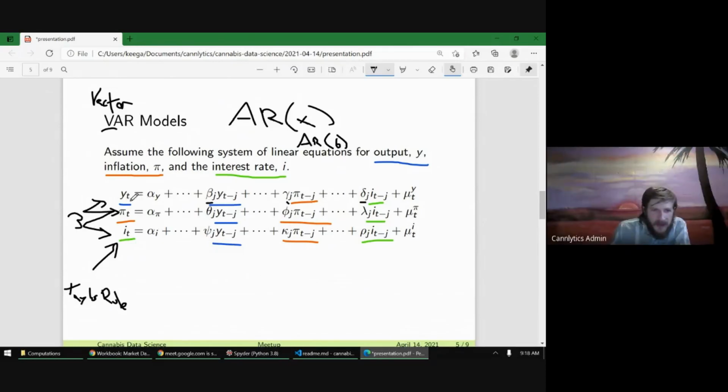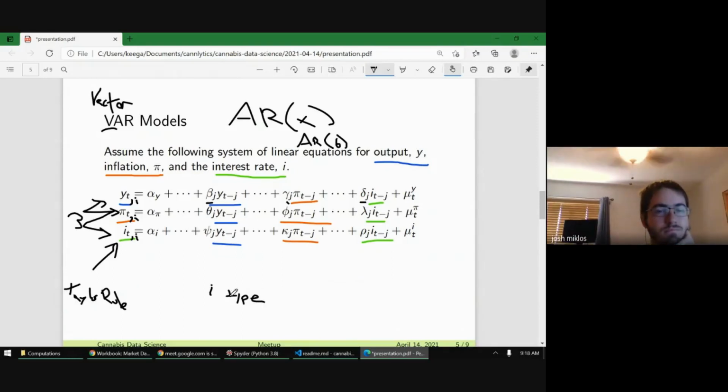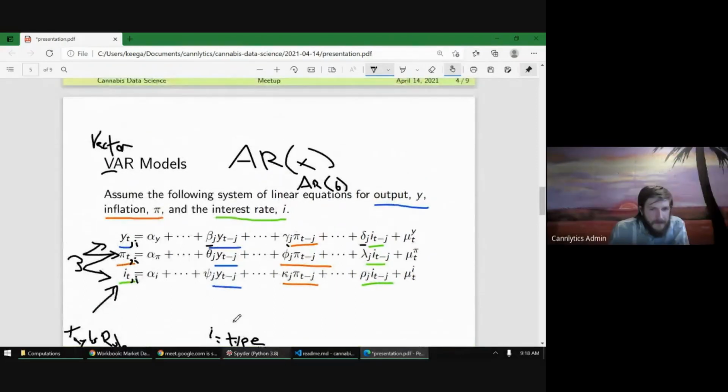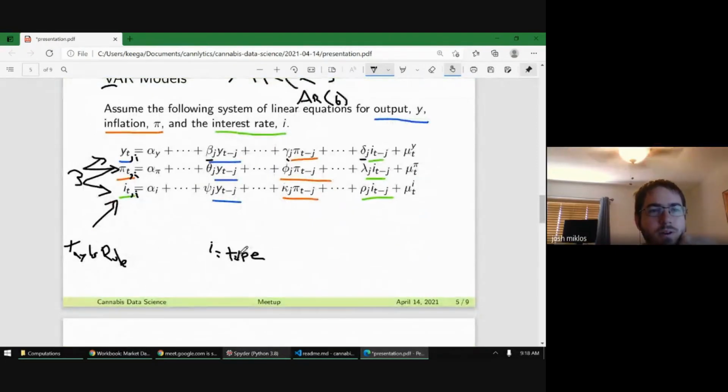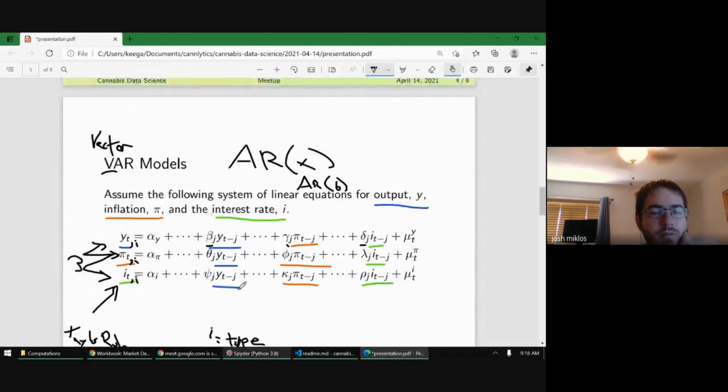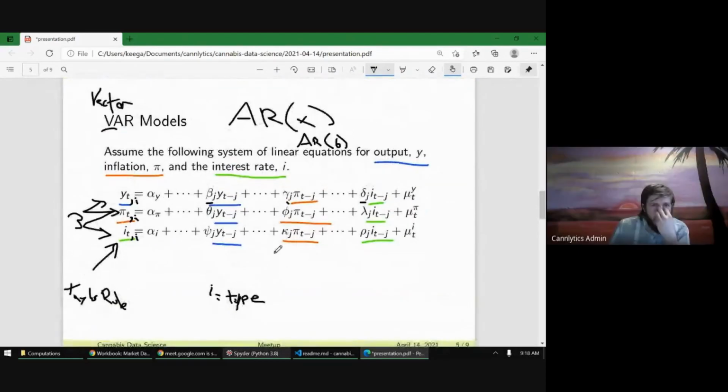What I would do here is you do Y_t of i, where i would be your type. I don't know. At the point where you're doing all the products, I wonder if you're capturing inflation and interest rate.